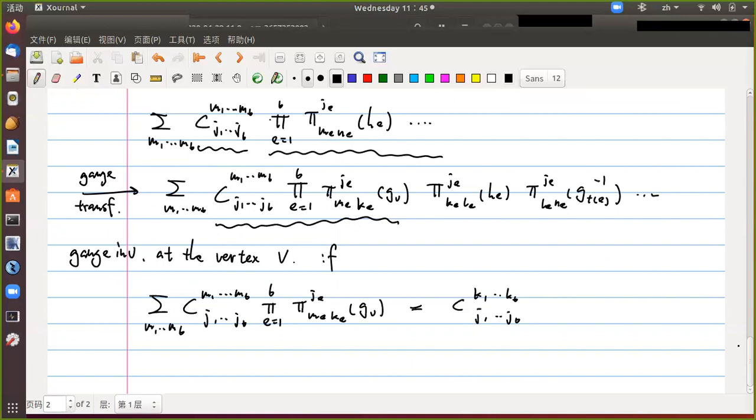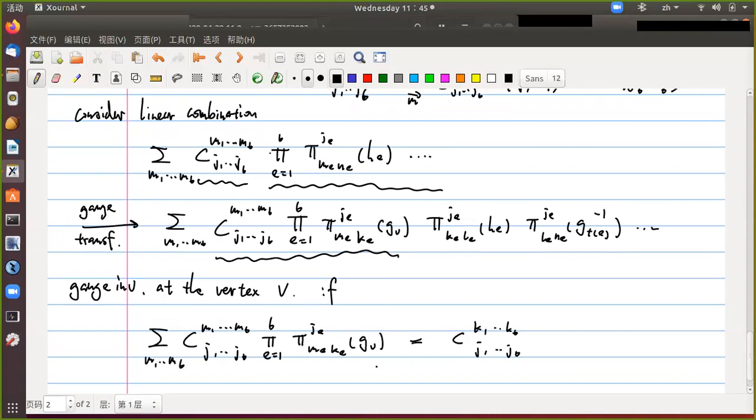Then you get gauge invariance, because if you plug this formula back into the formula above, you just recover the previous formula, at least at the vertex v. Of course, you get an additional factor that relates to some other neighboring vertices. So suppose you have this formula locally at the vertex v, and you get gauge invariance.